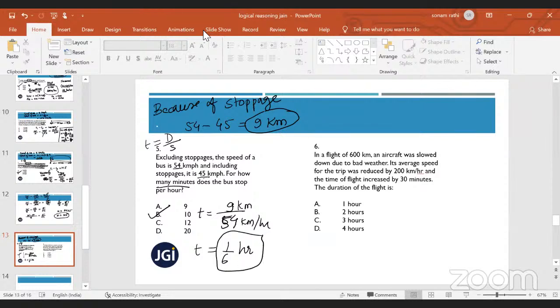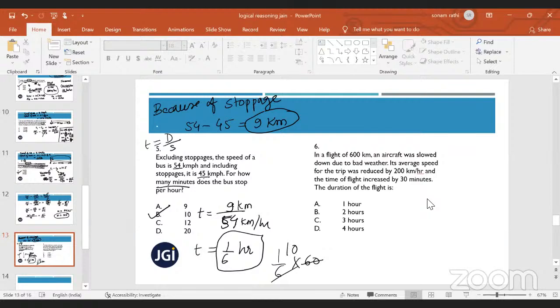Convert 1 by 6 hour into minutes. Convert it. So 1 by 6 into 60, 10 minutes.